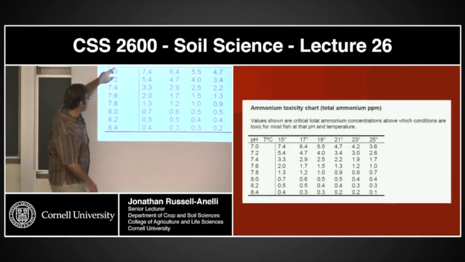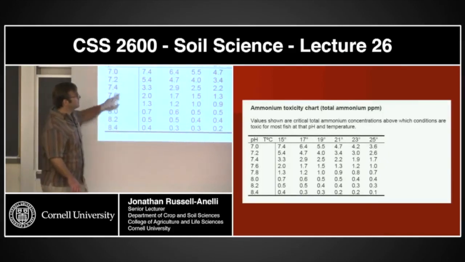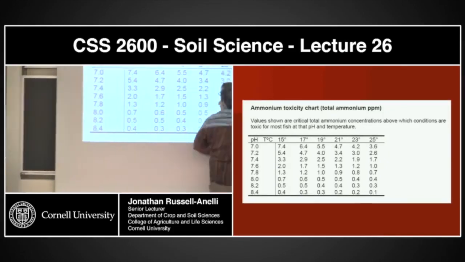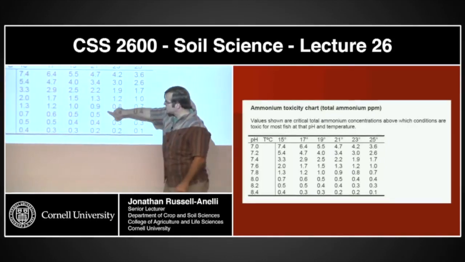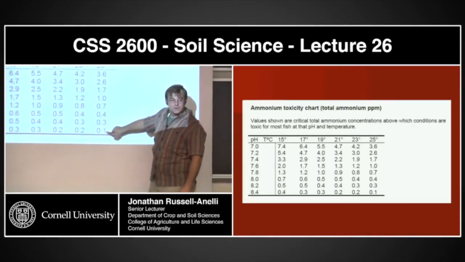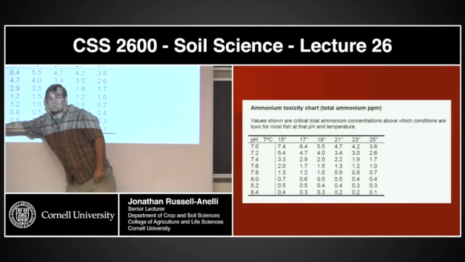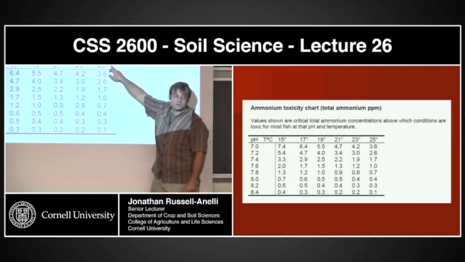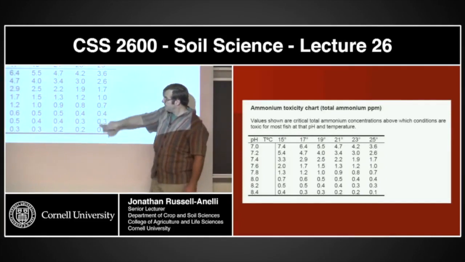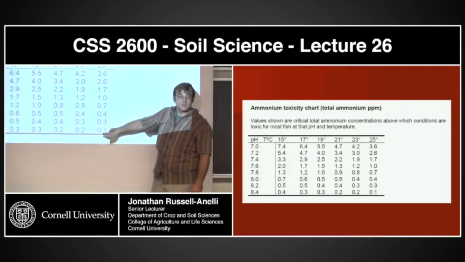You'll note that as the pH rises and as the temperature rises, that concentration number gets lower and lower. When I start getting to the pH range of 8.4 and at a 25 degrees Celsius temperature, that's pretty warm, my toxicity in parts per million is 0.1.